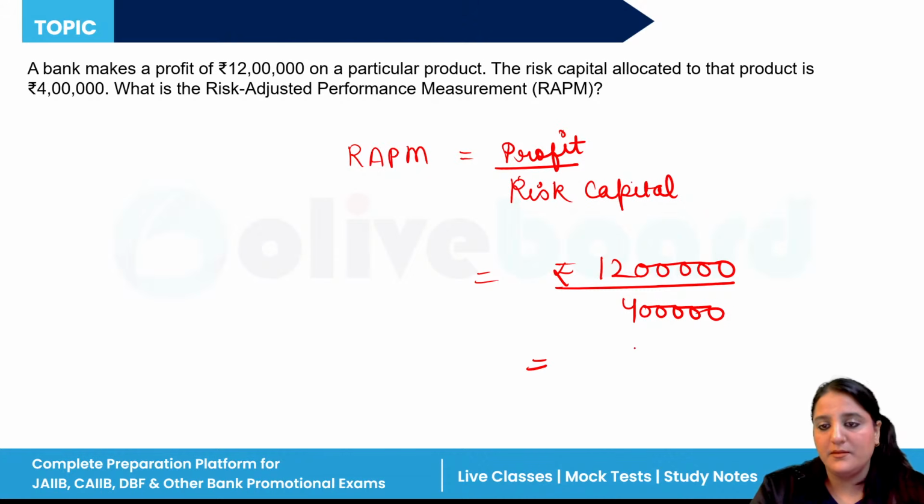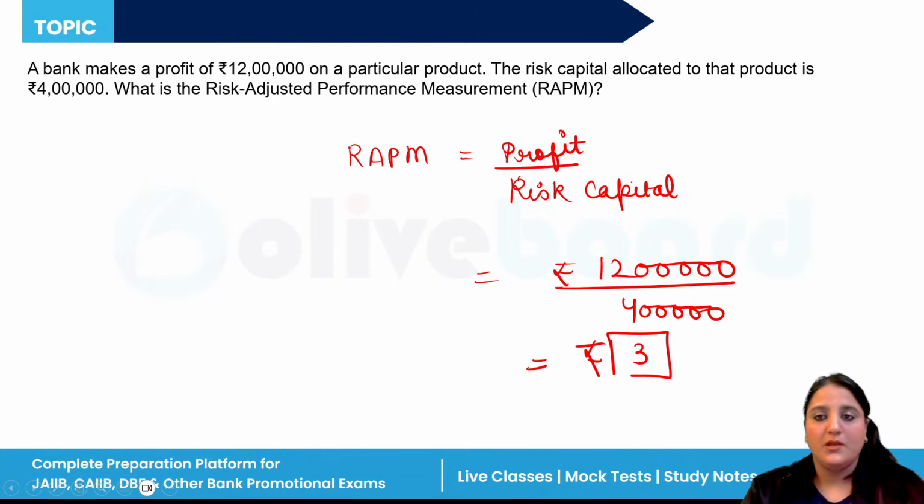So the answer is 3 rupees. Clear? Easy? Module D is having easy questions. Module B is having little bit hard questions.